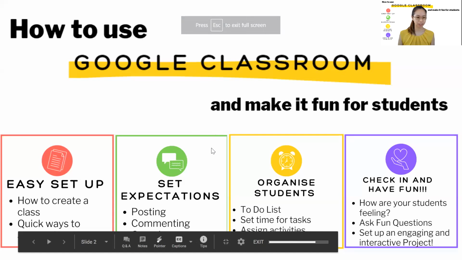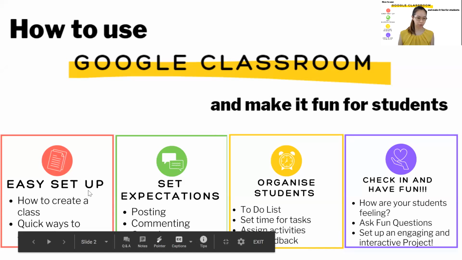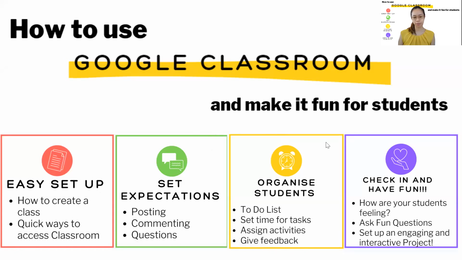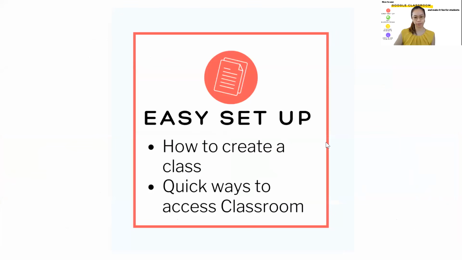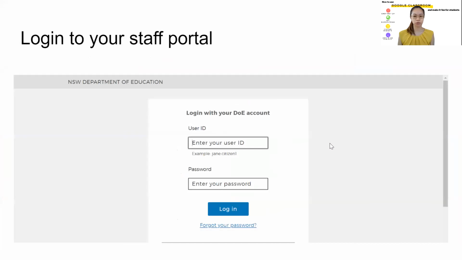So for the first step, I'm going to show you how to create a class and some quick ways to access Google Classroom as well. So first you log into your staff portal.